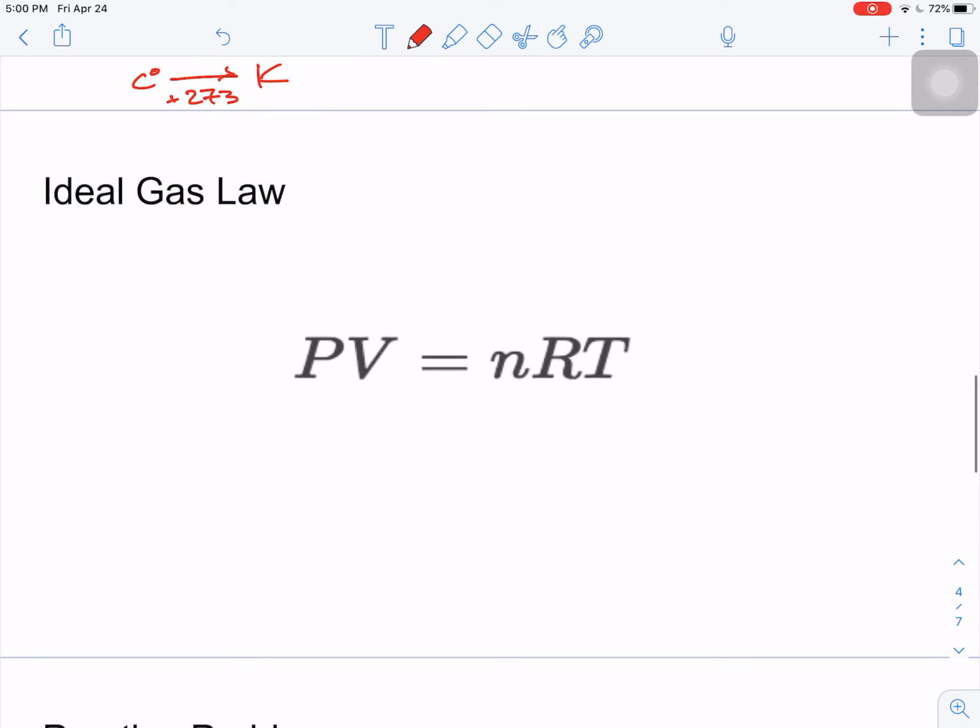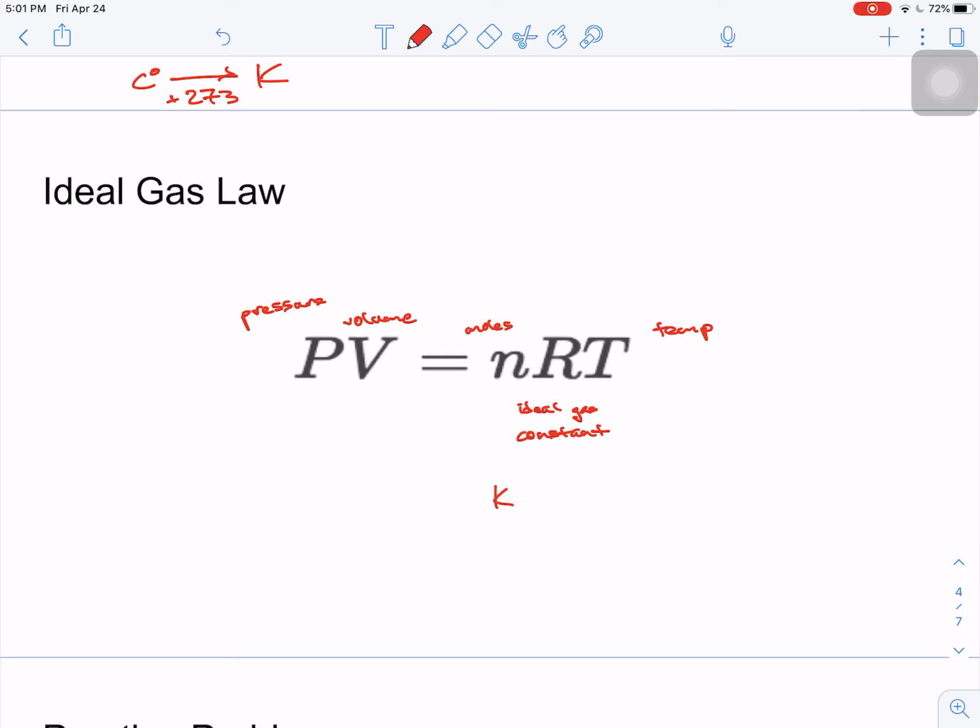So the ideal gas law. This is the ideal gas law. We have pressure, volume, moles, temperature, and the ideal gas constant. So the ideal gas constant, I believe, has to do with whatever type of pressure you have. Okay, so like those two pressures I was talking about, these are the ones we'll go over.